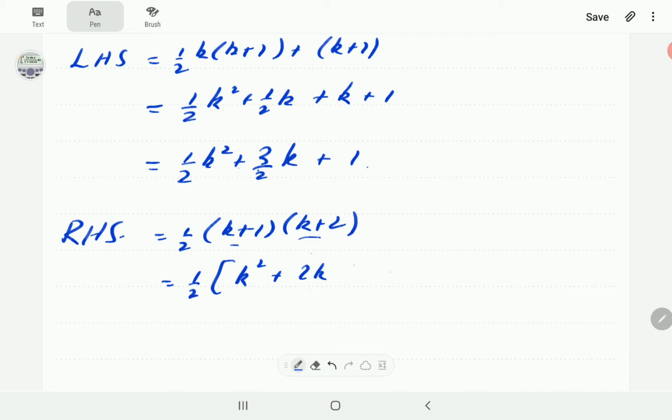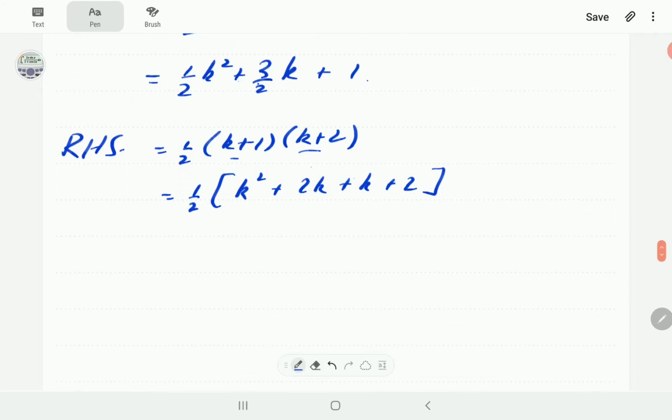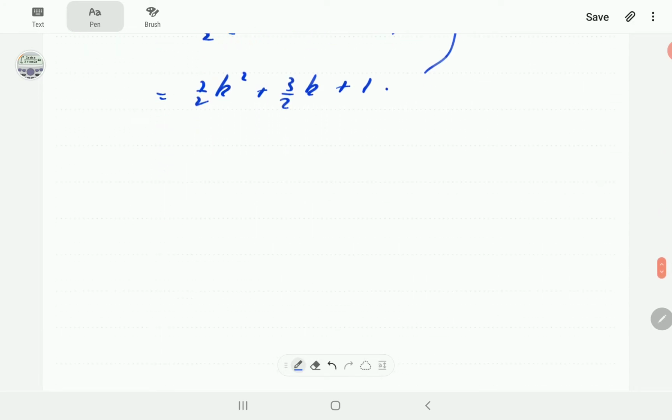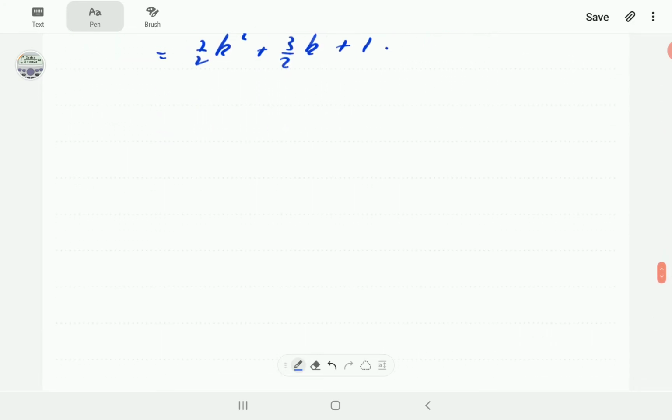We're going to have 2k plus k plus 2. So this thing is going to be 1/2 into k squared plus 3k plus 2. Then multiply through by 1/2. So this is going to be 1/2 k squared plus 3/2 k plus 1, and this is exactly the same as that. Okay, so that's A.